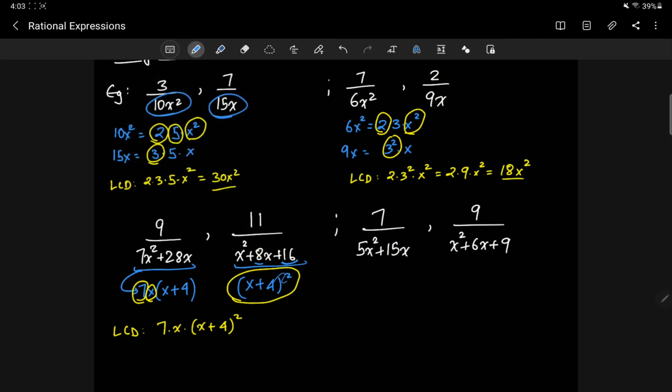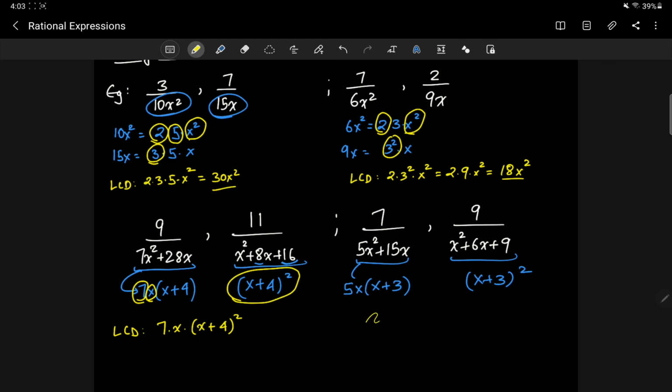This is why you have to factor it completely before you can compare, because it has to be products of things. This one, just like the first one, factors as 5x times x plus 3, and this is x plus 3 whole squared.